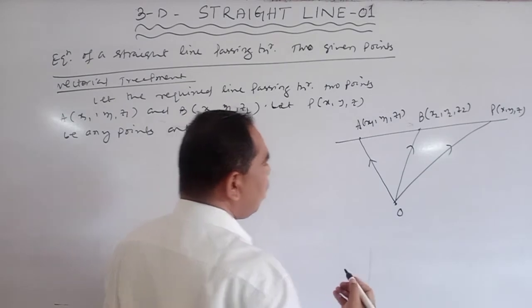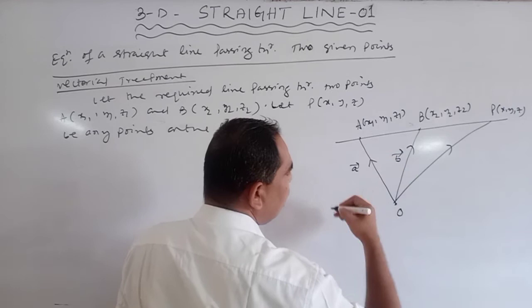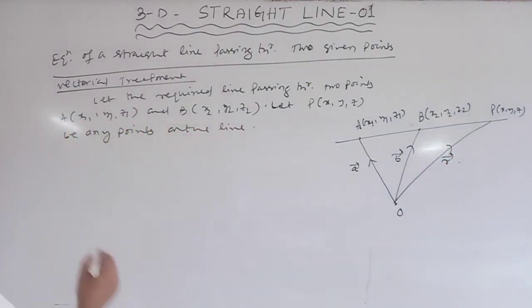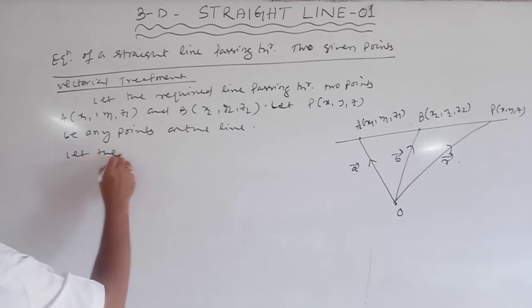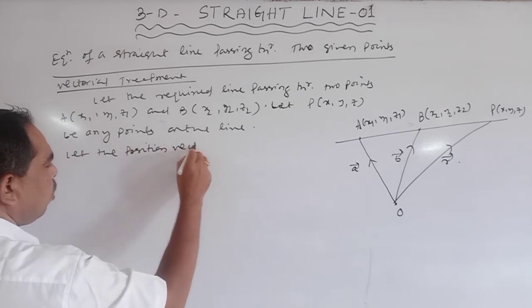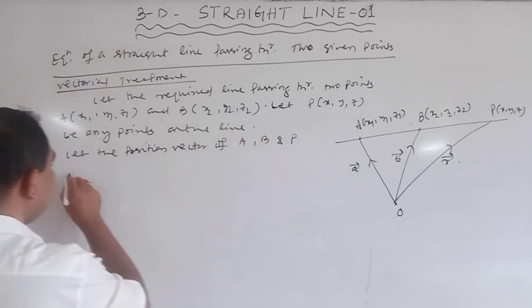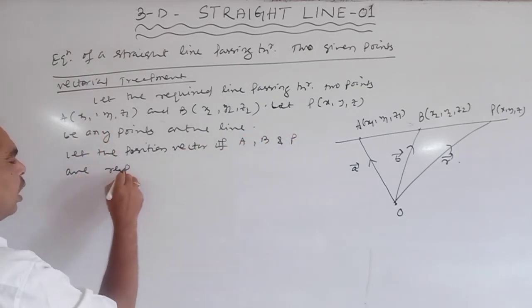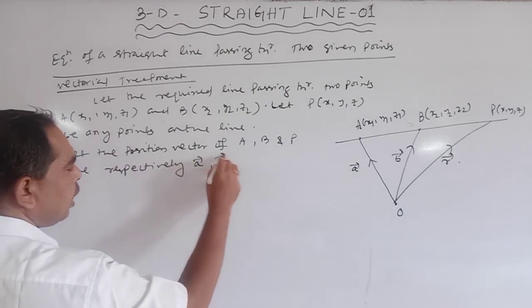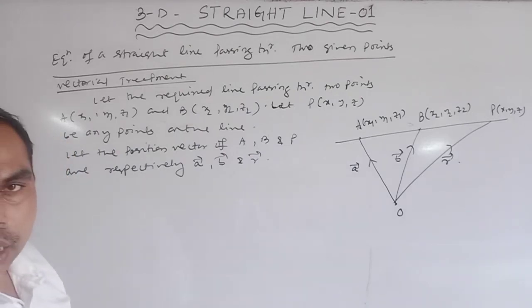Let the position vectors of A, B and P be respectively A vector, B vector and R vector.